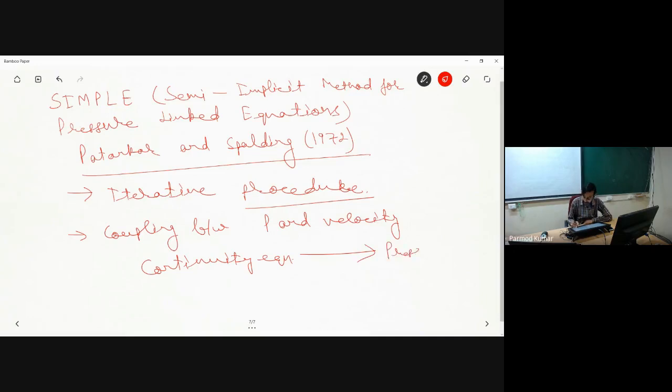And that will help us in finding out the value of pressure. How this detailed algorithm works is something we will be able to see in our subsequent lectures.